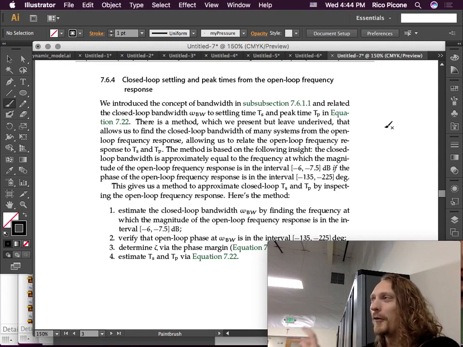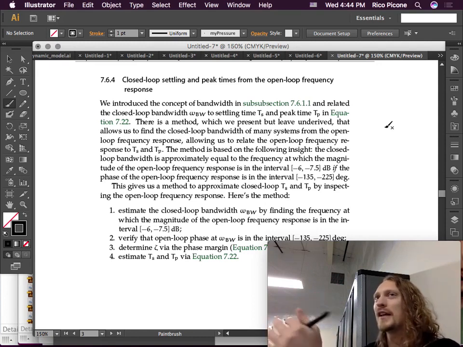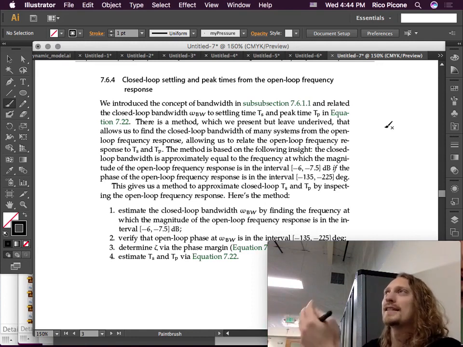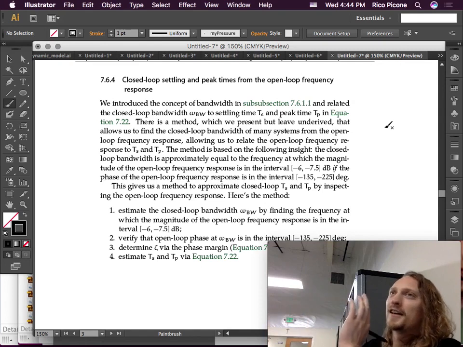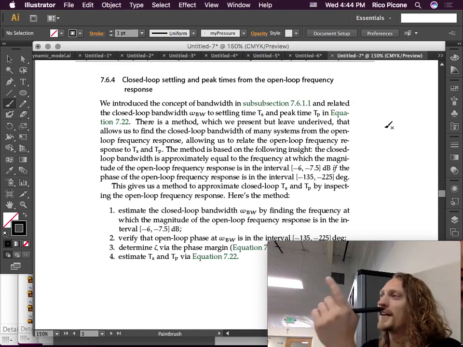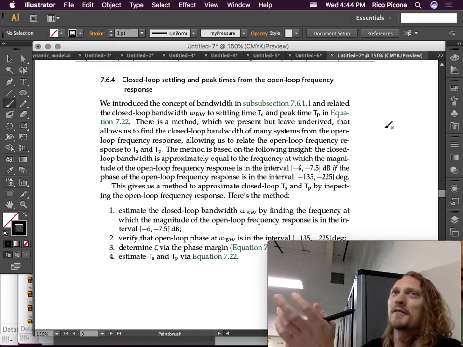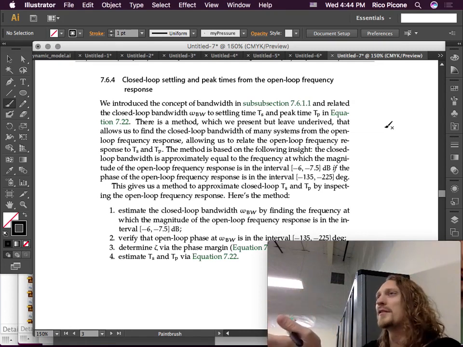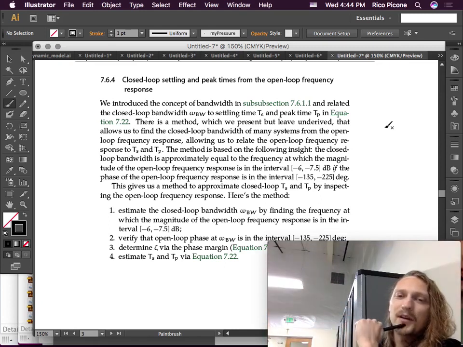And this is what we're always doing, looking for these sort of rules we can use to help us get to a design, which, since it has a controller involved, we don't have to be perfect on it to have the performance be reasonable. Also, we can simulate and tweak. So this is another one of those situations.